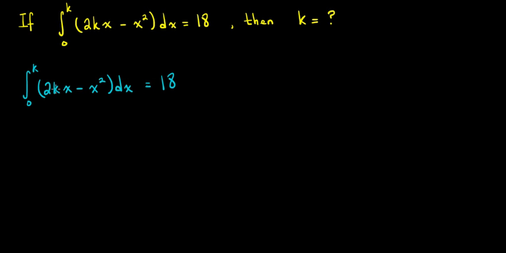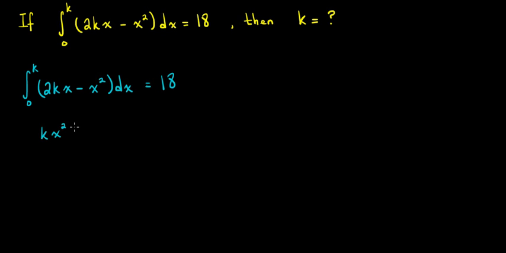I'm going to start with this first term here. So the antiderivative of 2kx is going to be kx squared. And you can go ahead and check this by taking the derivative of this. If you take the derivative, the 2 would come to the front, and you would have 2kx to the 2 minus 1.